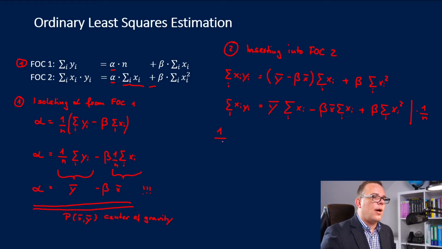So we have 1 divided by n, the sum across all i xi epsilon i. This is the left-hand side of the equation.